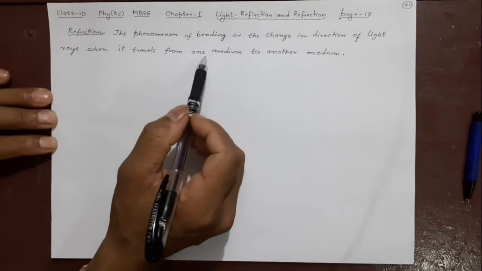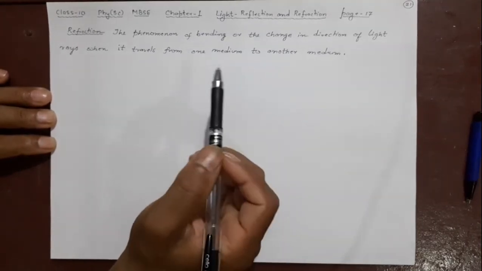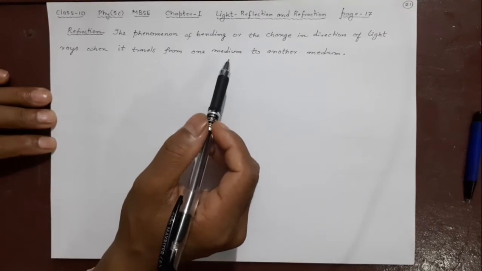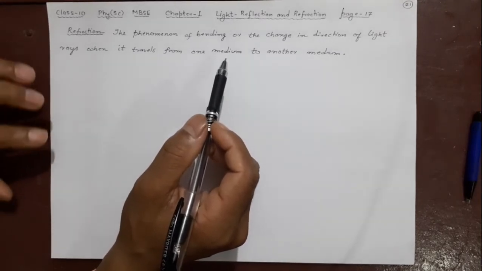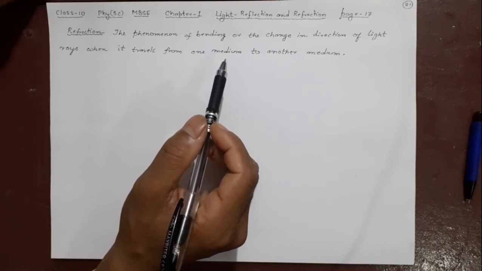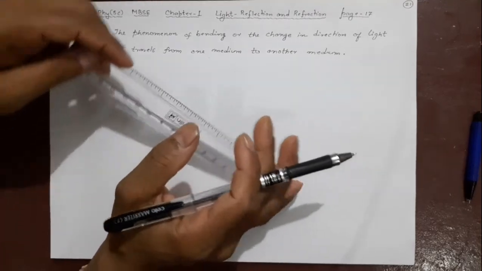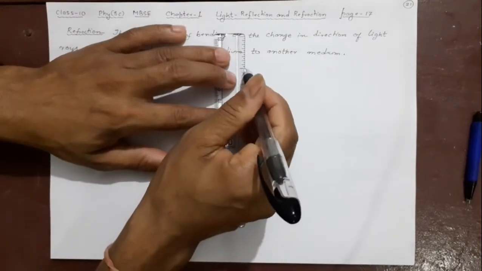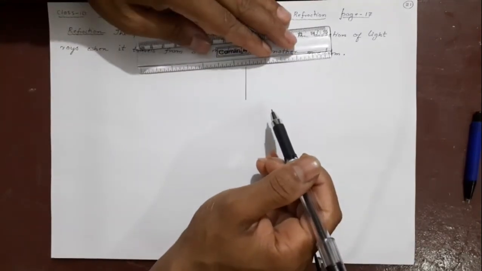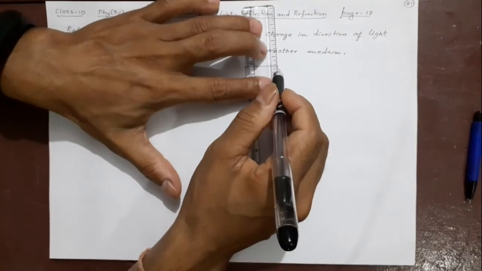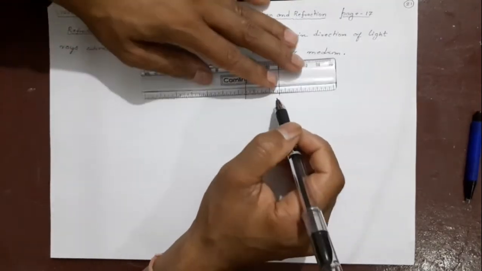The medium may be water to glass, or air to glass, like that. Whenever it changes the medium, suppose your light is in the air and suddenly it passes into the other medium and changes its direction. Very simple example I will make here. Suppose this is a simple glass slab.